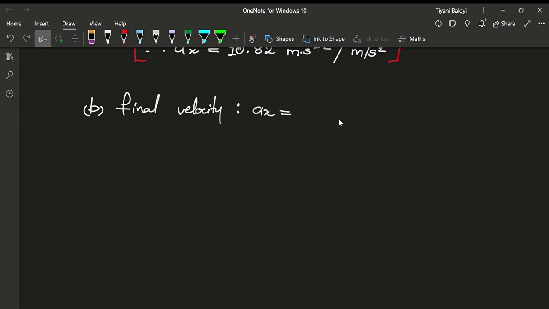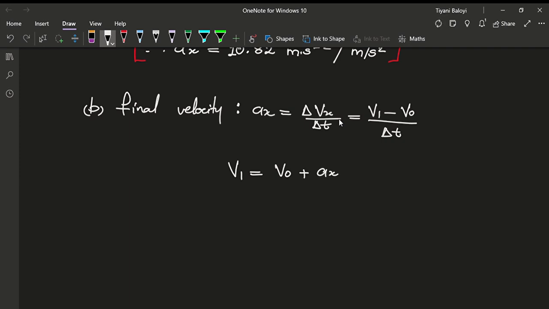This will be ax equals change in v over change in t, which is v1 minus v0 over change in t. We can rearrange this, and it will give us v1 is equal to v0 plus ax change in t, which is our equation of motion.